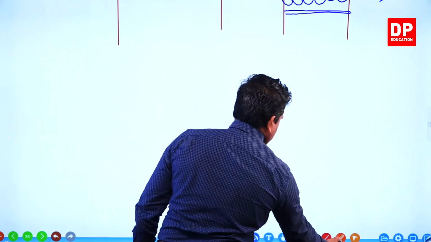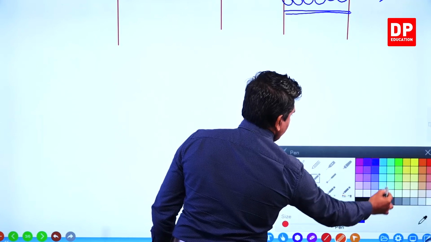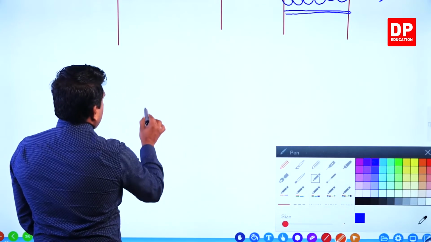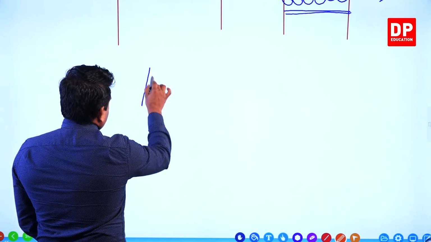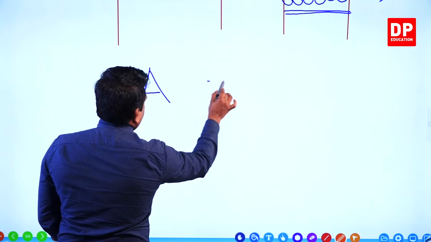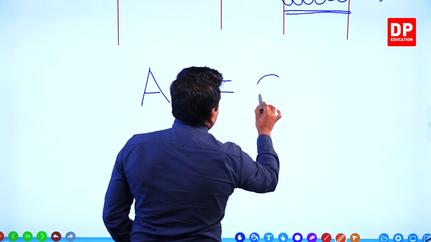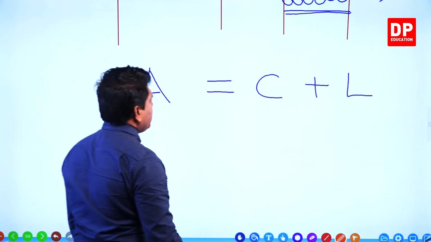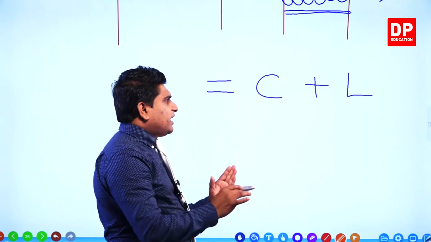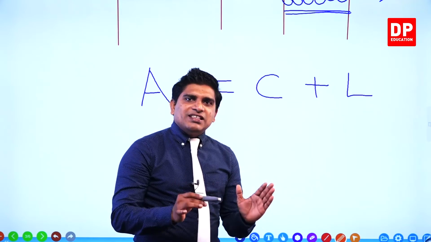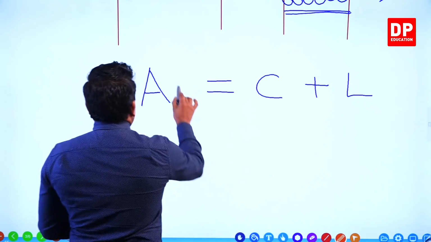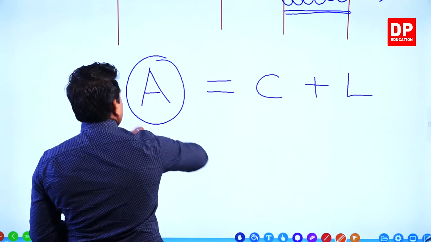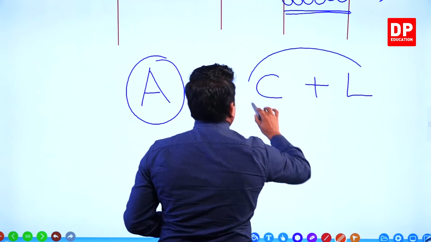What is the accounting equation? Assets equal capital plus liability, right? Then the basic theory is this. Asset side total equals capital plus liability side.